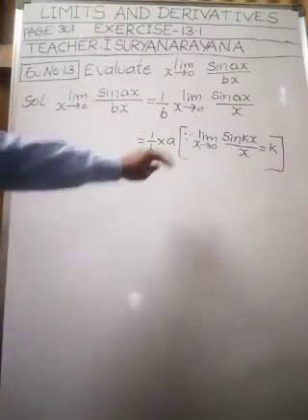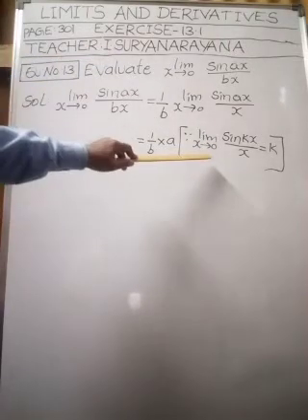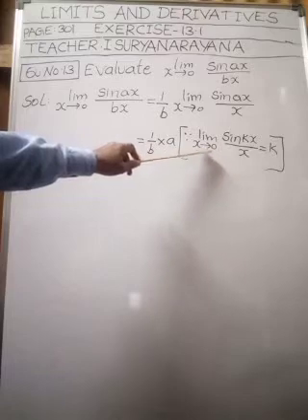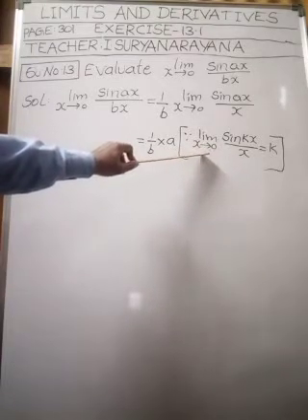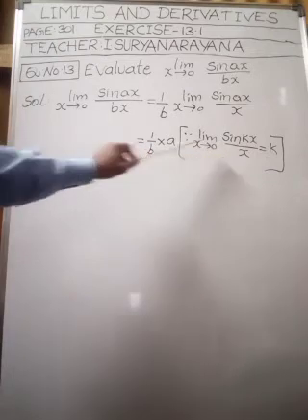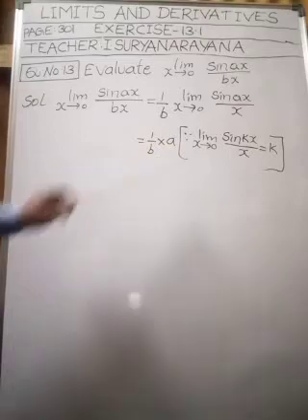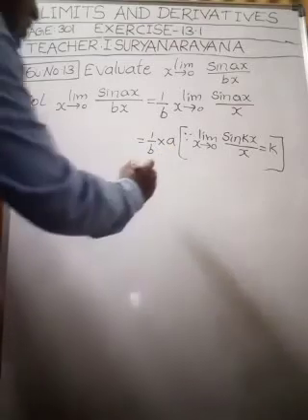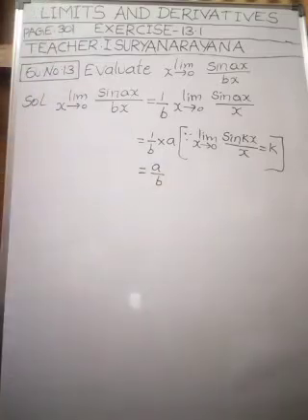At the time of the concepts of this chapter, in exercise 13.1, we discussed this point, standard limits. Do you remember this standard limit formula, my children? By using this formula we wrote this one where k is equal to a. Understood, my children? That is equal to, let us simplify this number, a by b. This is the limit of this function.